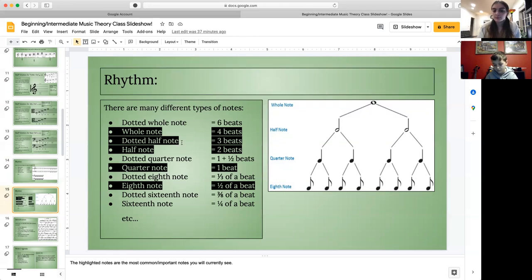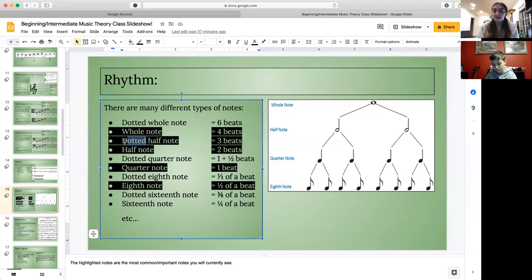And then one extra thing to add, even if it's all that we need to understand for today, we will add the dotted half note. So understand whenever adding a dot to this, you're adding half of what is already given. And that's my main way of wording it. Whenever I have a half note, I have 2 beats.